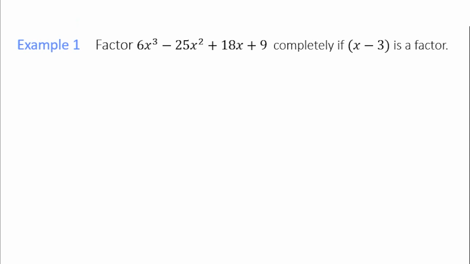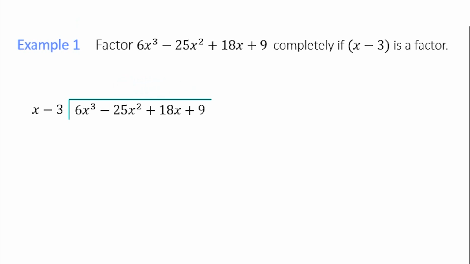First of all, I need to copy the dividend, which is in this case my polynomial. And make sure that wherever you write the polynomial, you will have enough space on the left-hand side and above the polynomial. Because I will need to draw a box around the dividend like this, and I will have to copy my divisor on the left-hand side. Each term of the quotient will come here to the top.